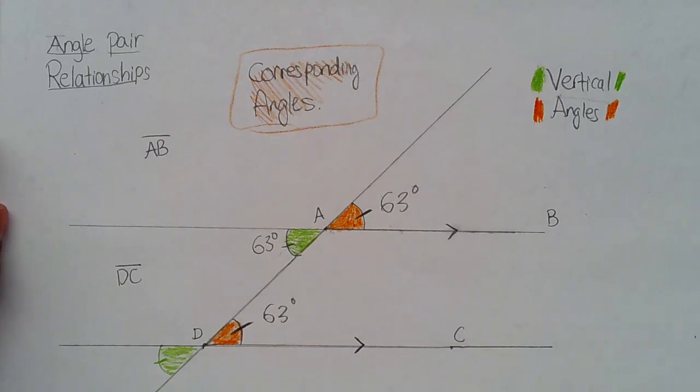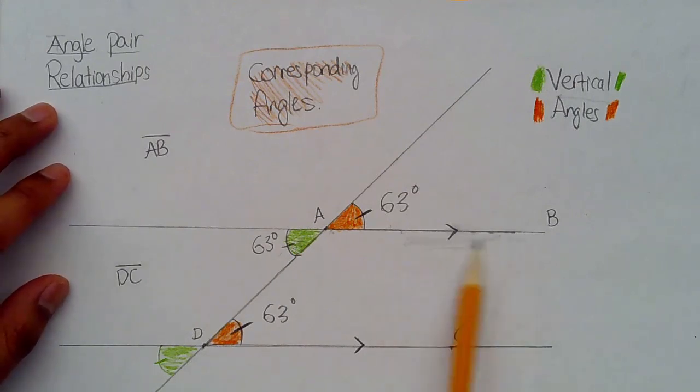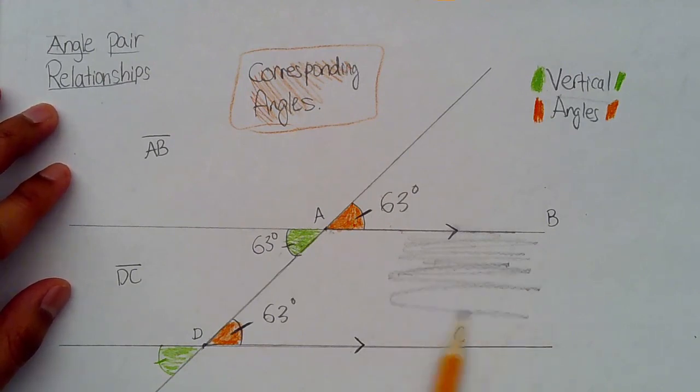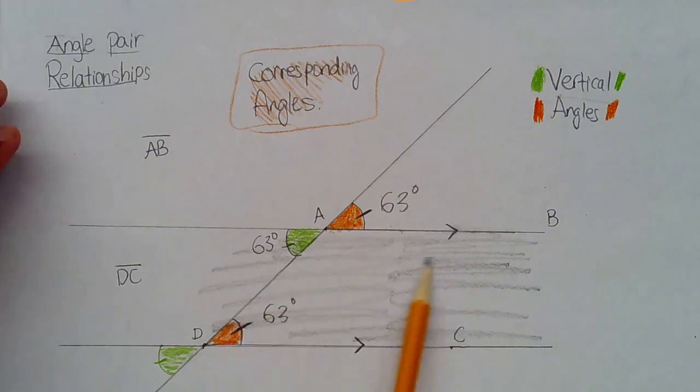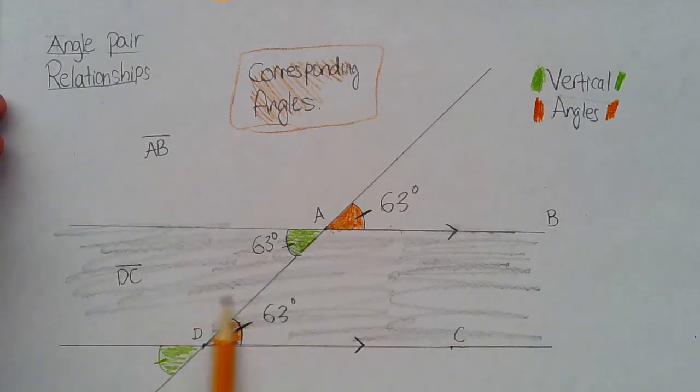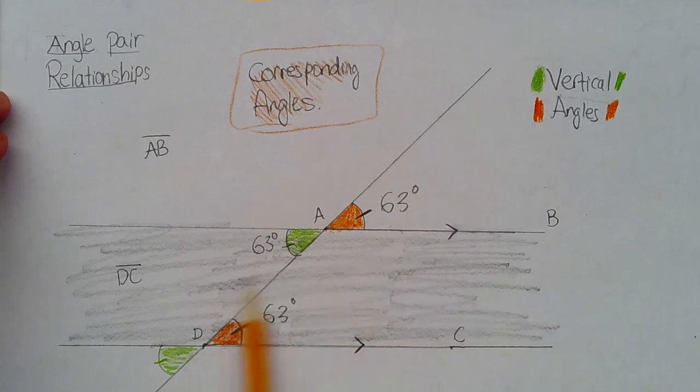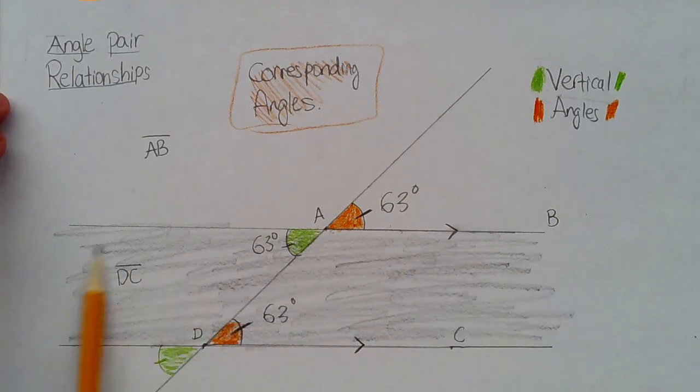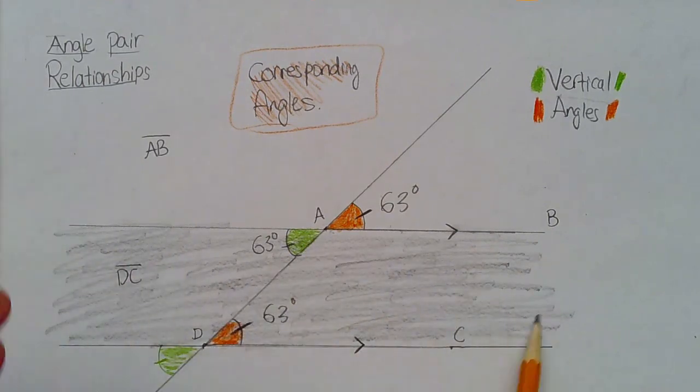I'm going to highlight one more thing, which is the entire inside region of the parallel lines. And here we're going to finally learn about one of the most important angle pair relationships that you can talk about in geometry, because it's so useful and comes up a lot in IM2.